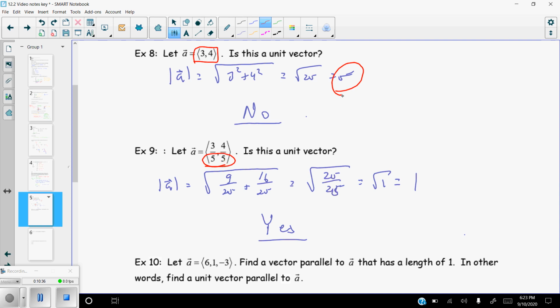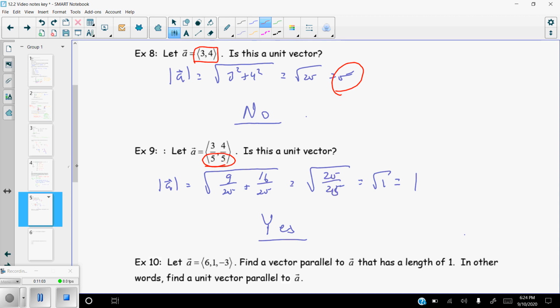If I want to take something and make it a length of 1, say I have a piece of wood that's 4 feet long, I would divide by its length. 4 divided by 4 makes it a length of 1. So that would give me the unit vector. In this case, you just take the vector and divide it by its magnitude. That's all you have to do to find a unit vector.